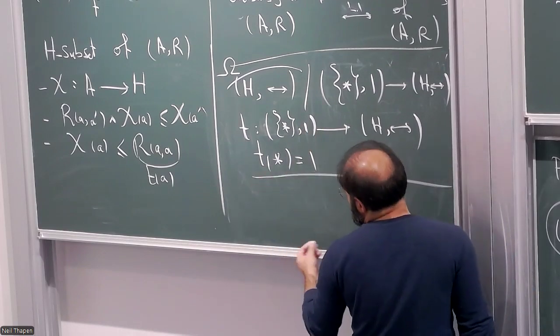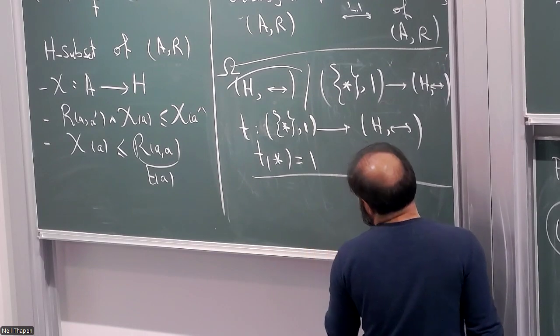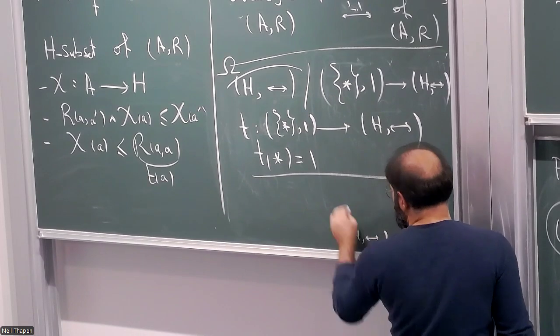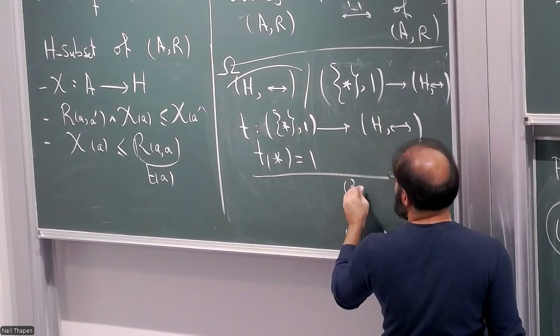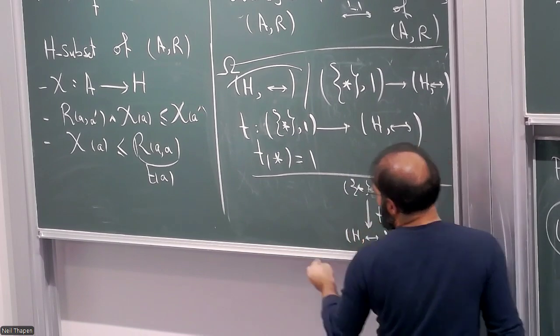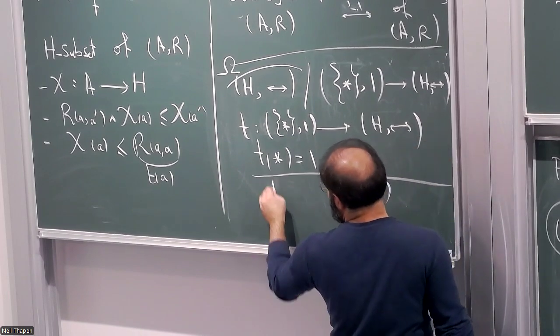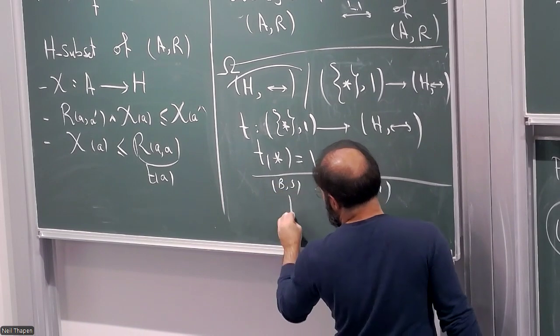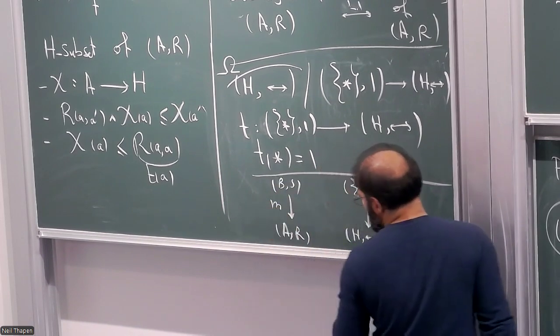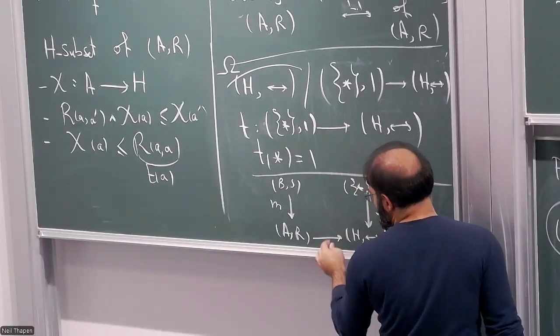Being a subobject classifier simply means that you put the guy here, and your 1 here, your T here, and then it says that for any B S to any A R such that it is monic, there exists a unique map.